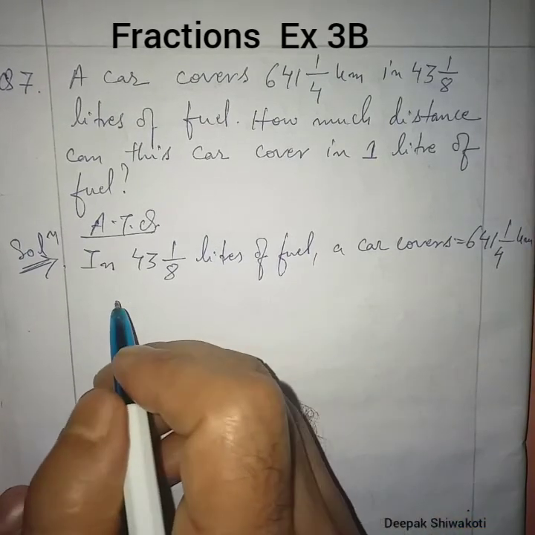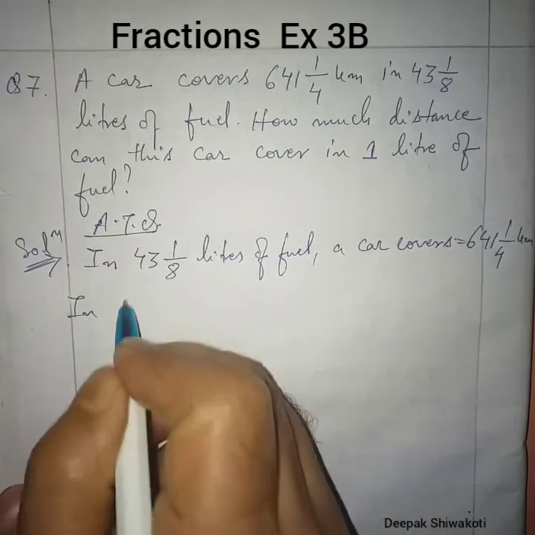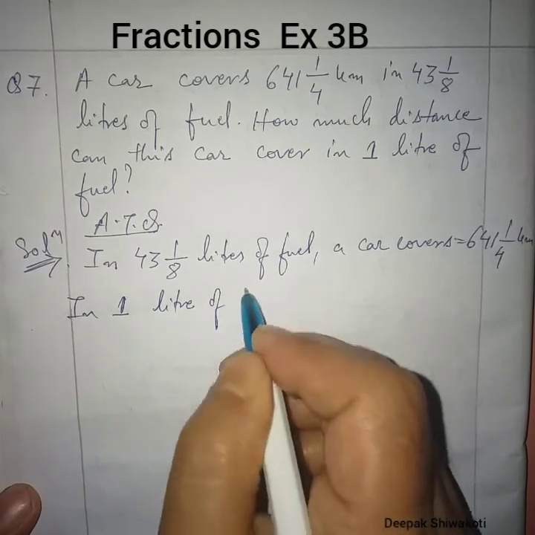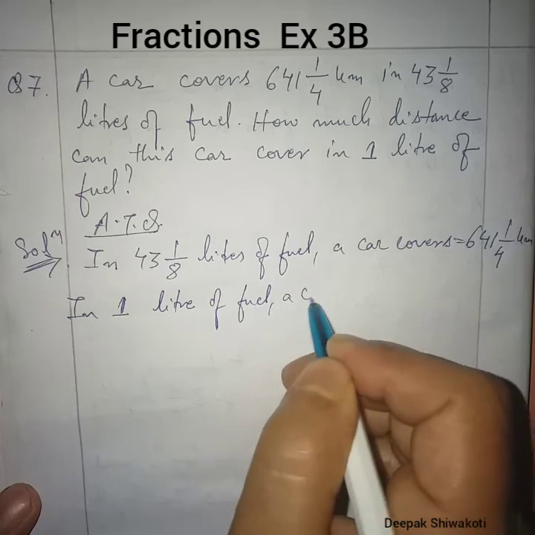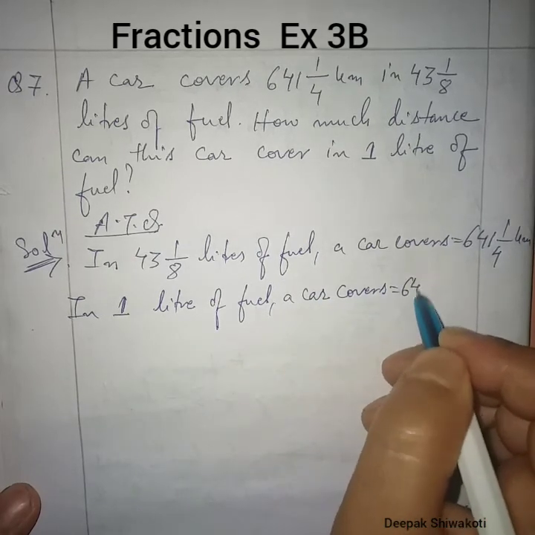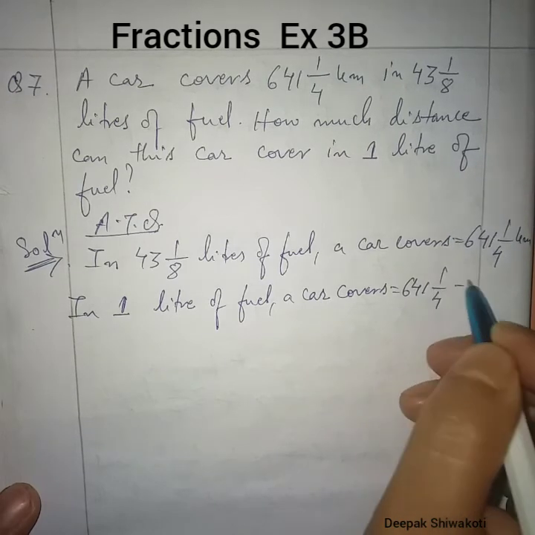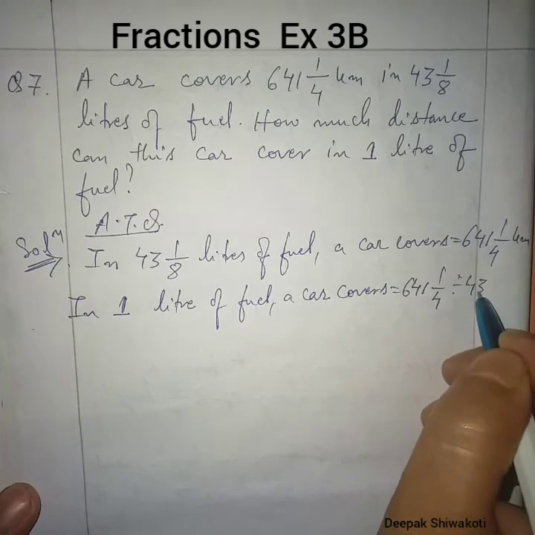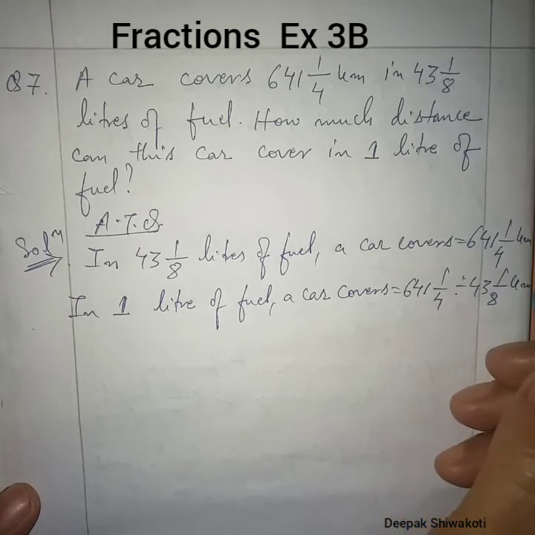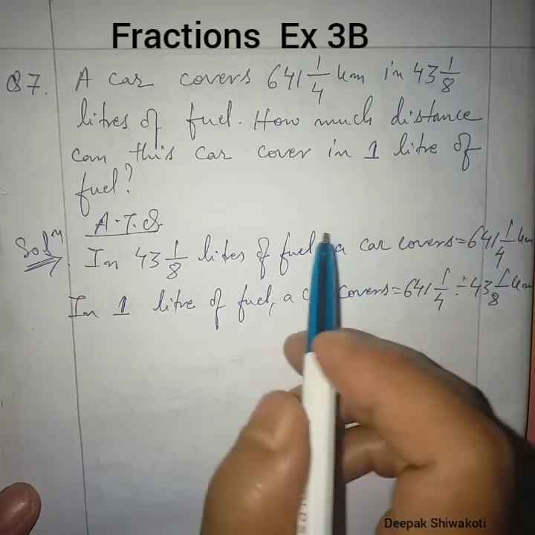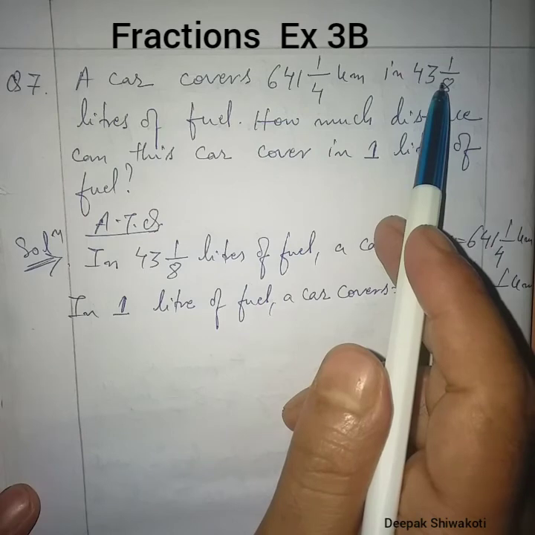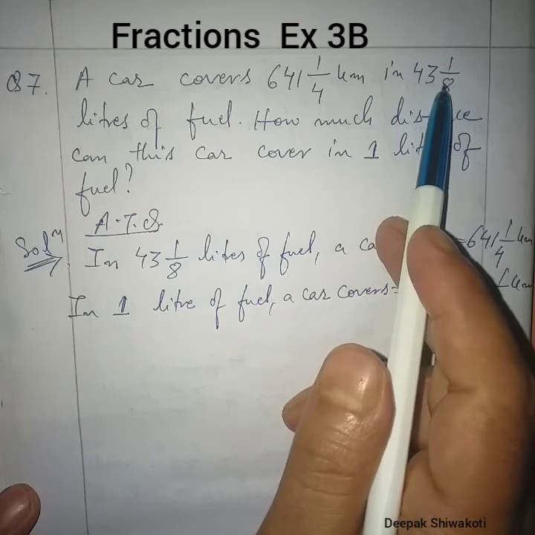Now in 1 liter of fuel, a car covers 641 whole 1 by 4 divided by 43 whole 1 by 8 kilometer, isn't it? If we divide this one by this, we will get the distance covered in 1 liter.